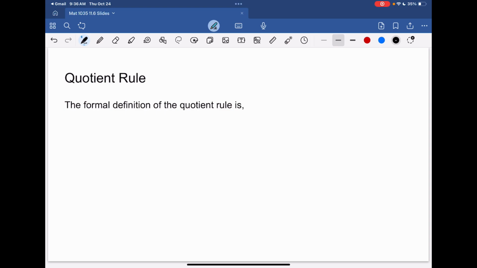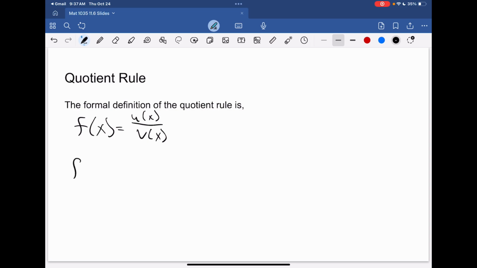Okay. The formal definition that the book gives you says when f of x is equal to some u of x divided by v of x, and it uses u of x and v of x just to say it's some kind of polynomial on top and on the denominator.